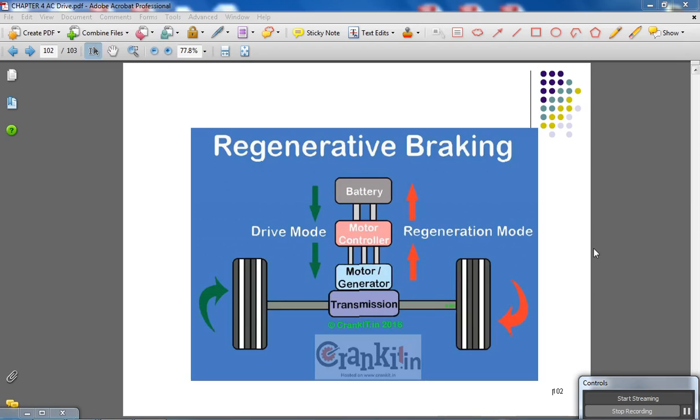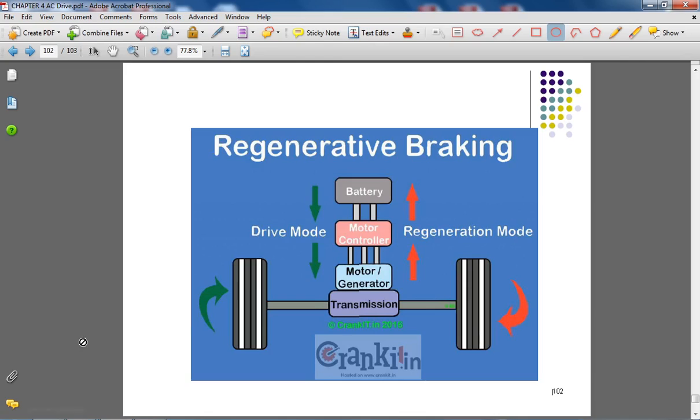The green arrow shows when the machine acts as a motor. So energy is taken from the battery and supplied to the motor to rotate the transmission. At this time, the synchronous speed is faster than the rotor speed.